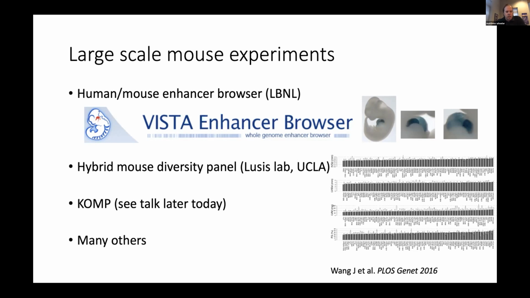And then we'll hear later today from the knockout mouse phenotyping projects, and there are many others, both stateside and across the world, trying to understand the full diversity of genes in the mouse model.